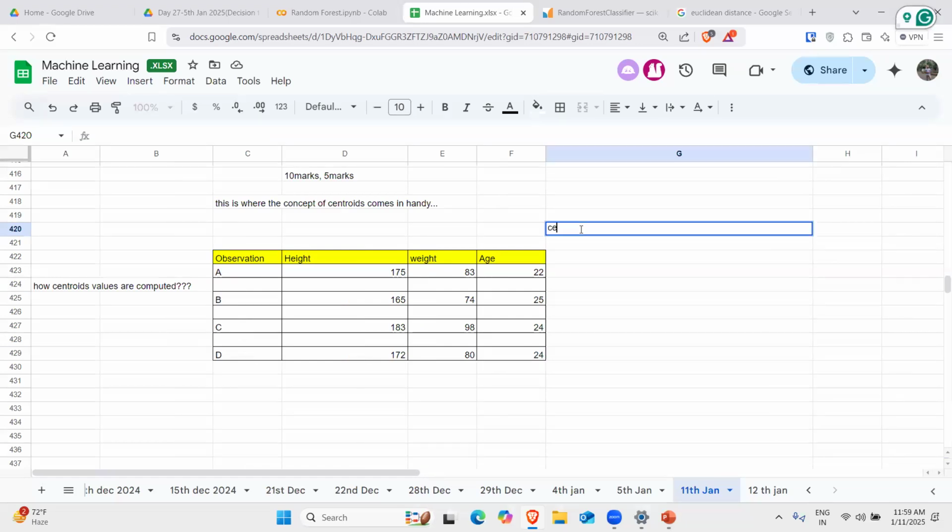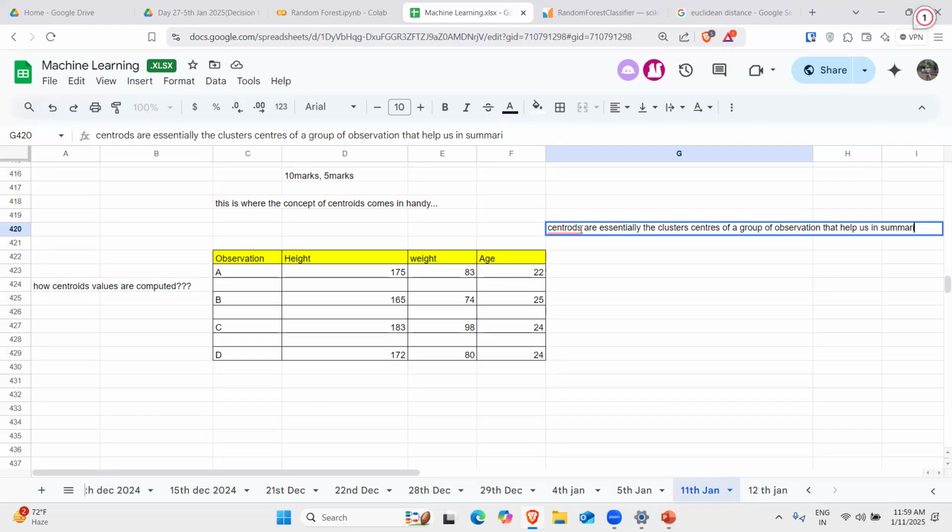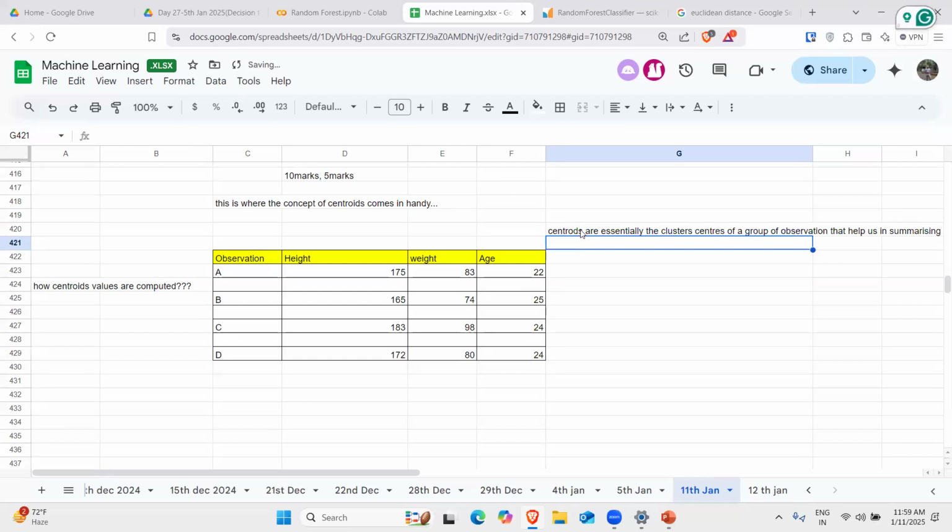First of all, centroids are essentially the cluster centers of a group of observations that help us in summarizing the cluster's properties, right? As you saw in the video, the centroid value in the case of clustering is essentially the mean of all observations that belong to a particular cluster, right?